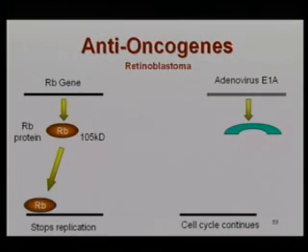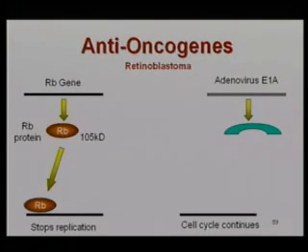Now, when you look in, say, an adenovirus-infected cell, normally in a non-infected cell, here's the RB gene doing its job. It's a 105,000 molecular weight protein, and under most circumstances, it sits there on the DNA, on the chromosome, and says, this is not to be duplicated. So it stops duplication.